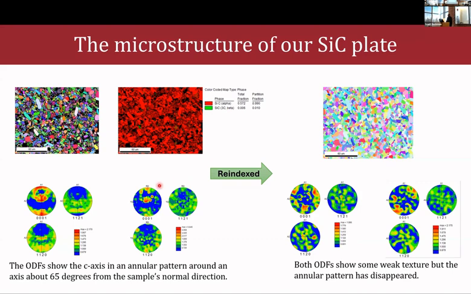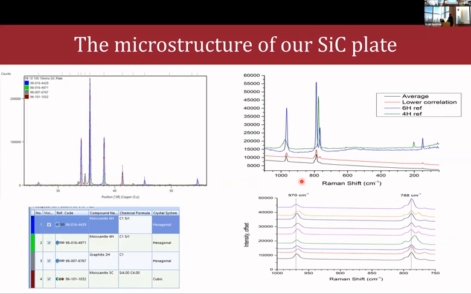So the strong texture we were observing seems to disappear when we get rid of the cubic phase. To confirm our result, we completed some XRD and Raman spectroscopy analysis, also to confirm that we had only hexagonal phase.